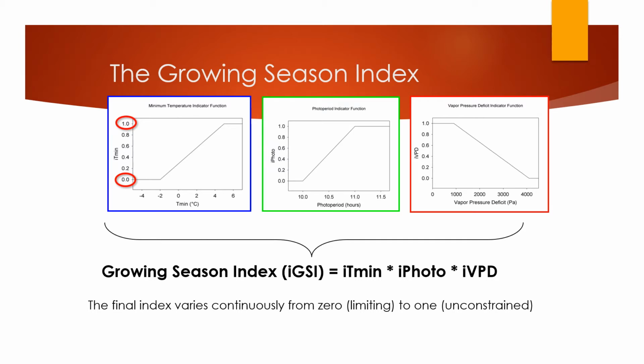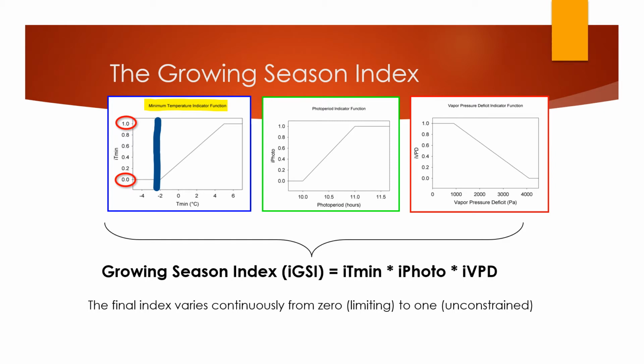So what we do is we define limits that say below a certain level, this particular variable is fully constraining plant function. So in this case, minimum temperature. When minimum temperature is below -2 degrees Celsius, which is somewhere around 28 degrees Fahrenheit, plants are completely unhappy.